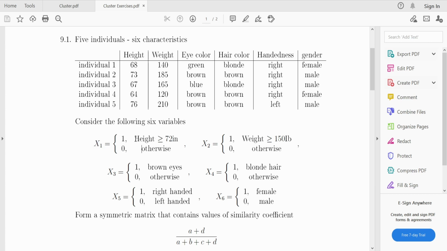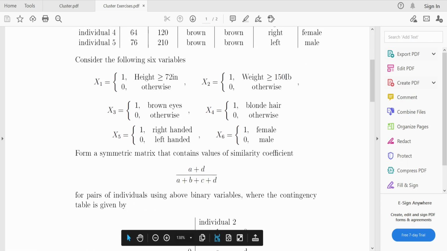As you can see, some of them are for height, so some individual is either higher than a specific value or not. He or she weighs more than this or not. Either has brown eyes or some other type of eyes, etc.